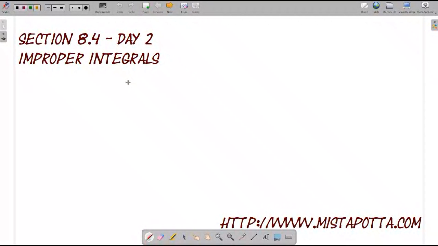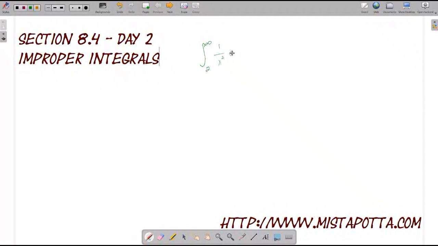This is Mr. Potter. In our previous lesson, we talked about improper integrals, the idea that I could try and evaluate an integral of some function that has a specified behavior from some point to infinity.